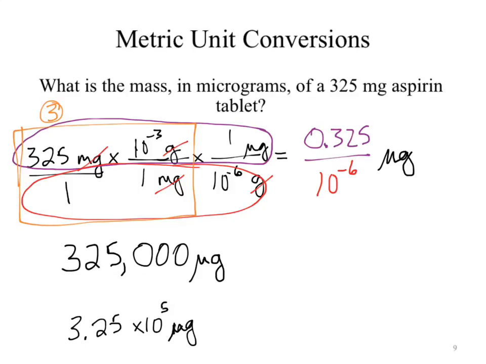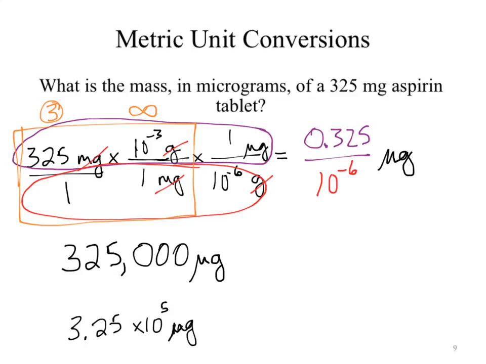What are those numbers representing? 10 to the negative 3 grams is exactly 1 milligram. What does that mean about the significant digits in that number? If it is exact, infinite number of sig figs. It has no impact on our overall answer.